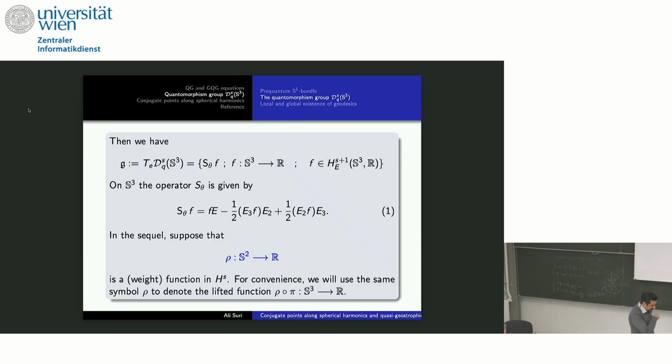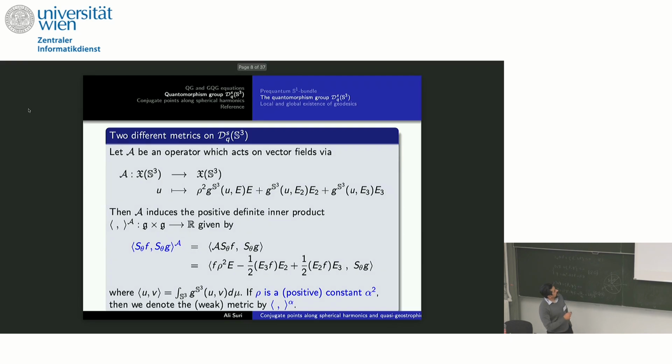In the next step, we define some weight function which will be used to define two metrics on S3, on the quantomorphism group. So rho is a function from S2 to R, and we lift it to S3 using the projection, and we call it the same rho. This will play the role of a weight function.